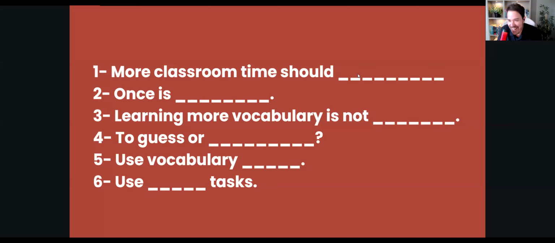Notes, that's fine. 4? To guess or not to guess, yes. 5? I took notes, of course. Use vocabulary tools. And the last one? Decision-making tasks.